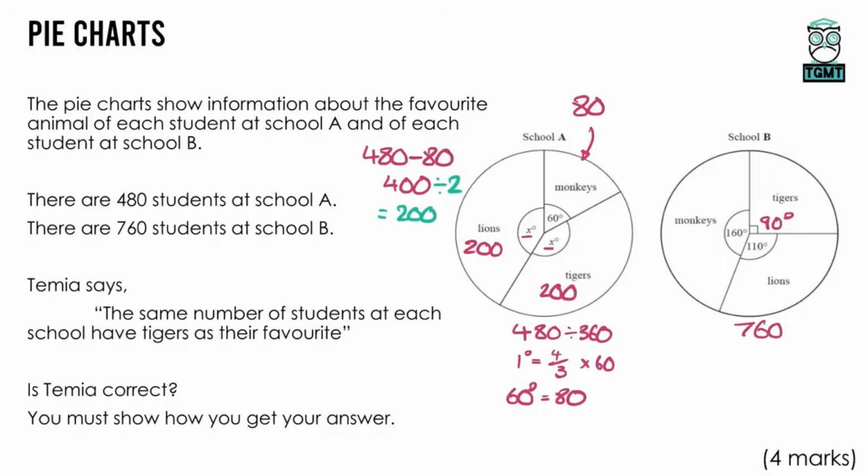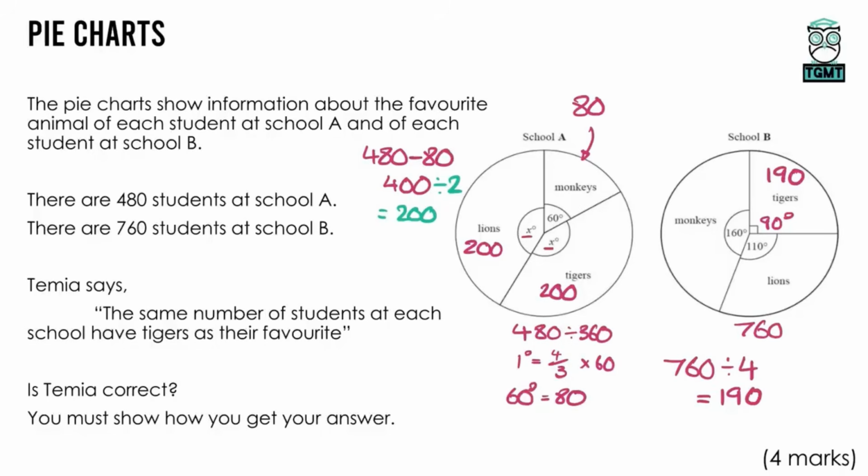You could do 760 divided by 360 to find out what that represents, but as it's 90 degrees, we should always look for ways of saving time, so we can actually just do 760 divided by 4, which is 1/4, and if we type that in on our calculator, we get 190. So that's 190 in this particular pie chart.